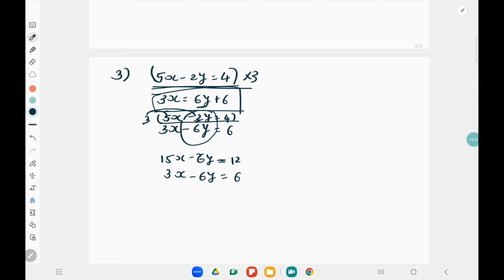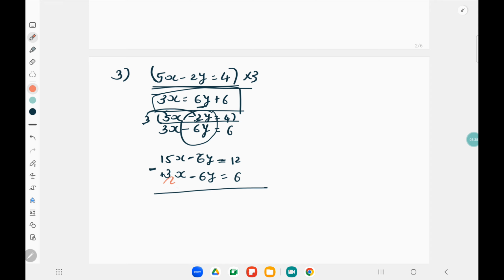Now because we want to eliminate y and both y terms have the same sign, both are negative, I am going to subtract these two equations. As I told you, the second equation will change the sign of each term.